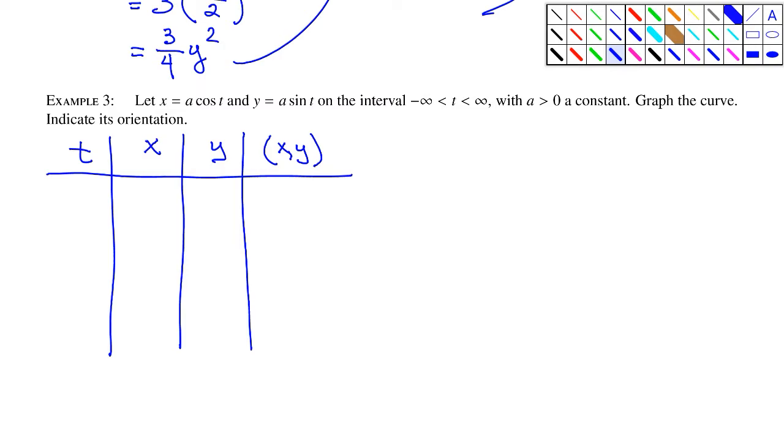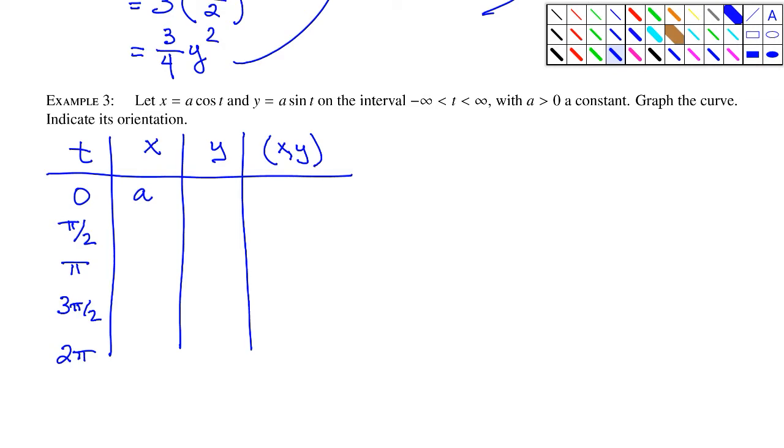Since we're using trig functions, I think it'd be best if we used the standard radian angles that go around the circle. So 0, pi over 2, pi, 3 pi over 2, and then 2 pi. And then we just plug these in. X is equal to a times the cosine of t. So for t equals 0, a times the cosine of 0 is a, because cosine of 0 is 1.